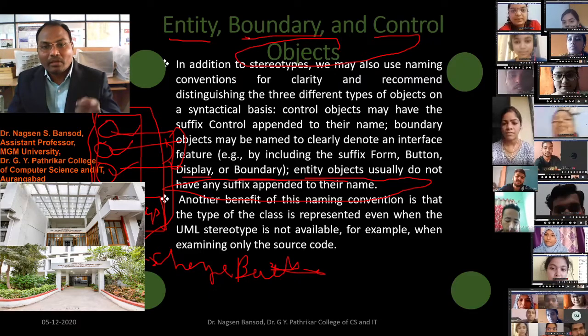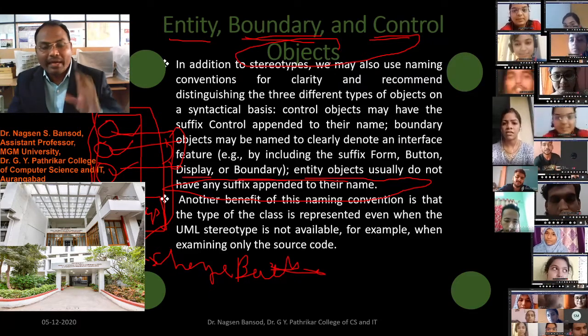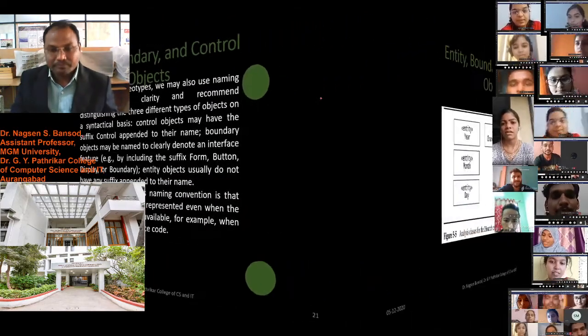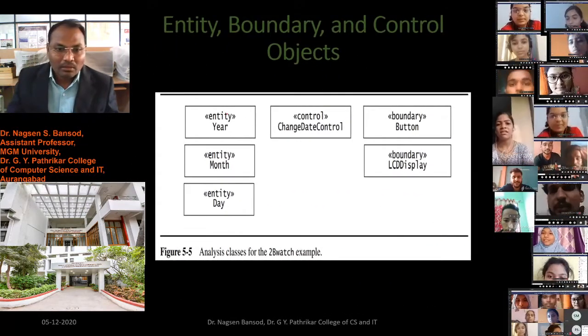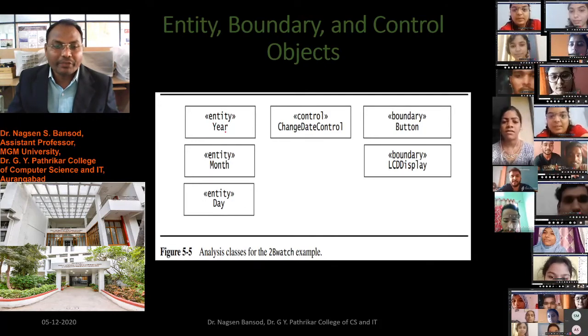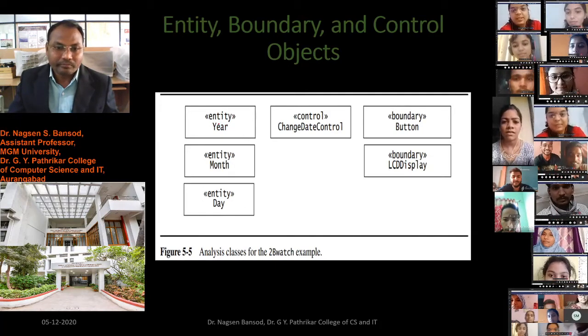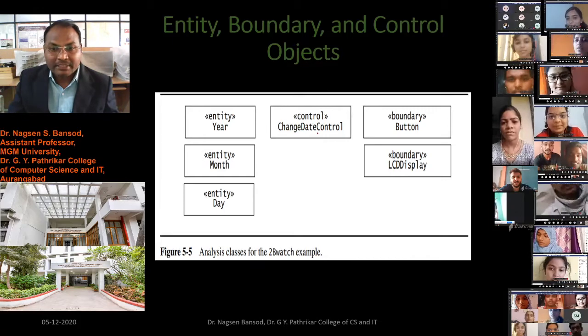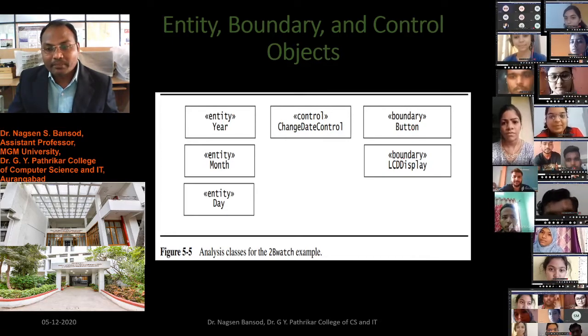These keywords we have to use as a suffix. Or the other option is the stereotype. We can use stereotype for entity year, entity month, entity days, and control change date control and boundary button display.